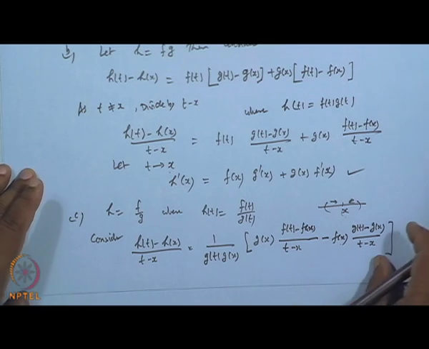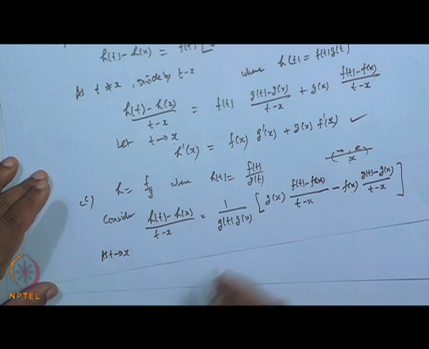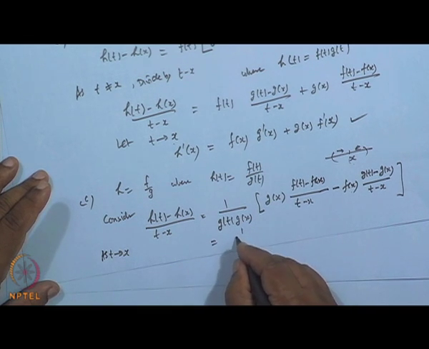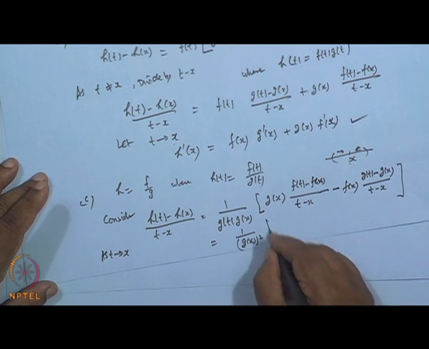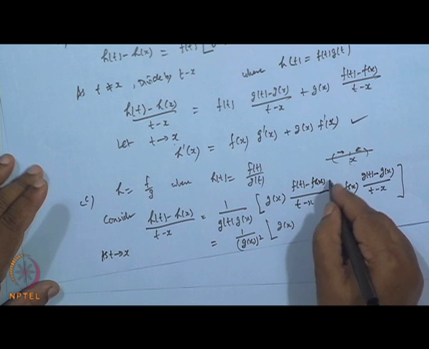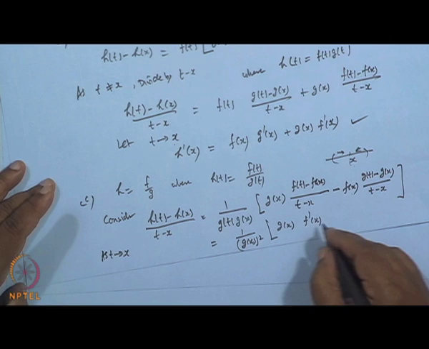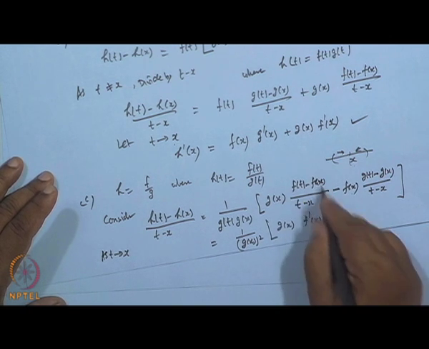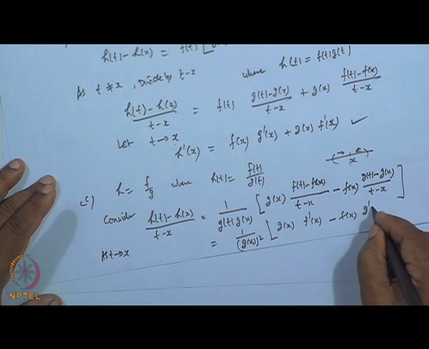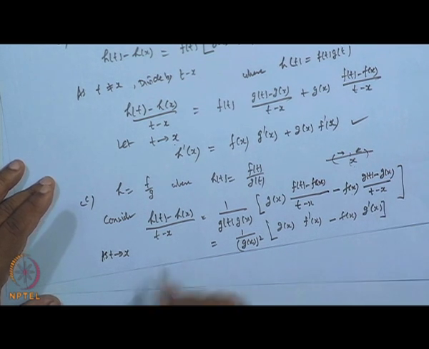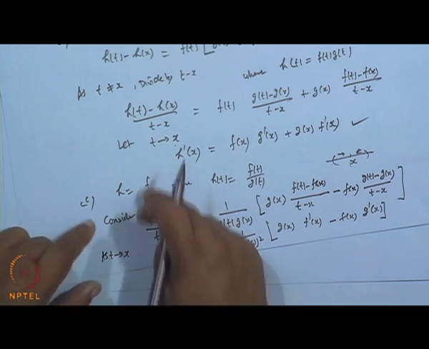As t tends to x, this one will give g(x), so g(x) square in the denominator, and this one will give g(x) times the limit of the ratio for f, the derivative of f at the point x, minus f(x) into the derivative of g at the point x, and this will give the derivative of the function h, that is, the derivative of f by g.